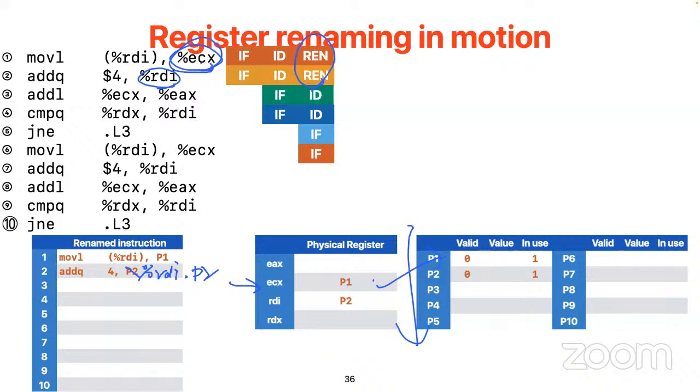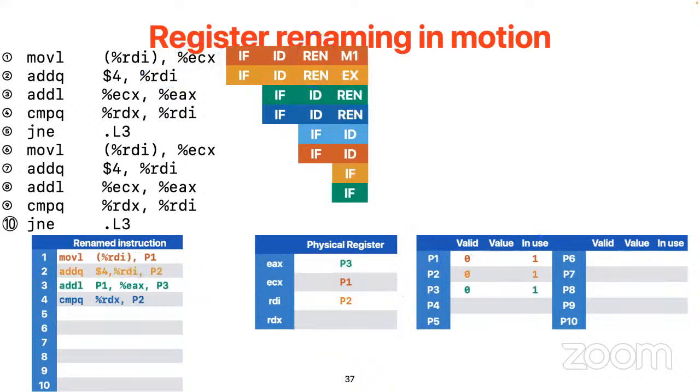P1 is in use and not valid because the value is not generated yet. So any instruction depending on P1 at this point cannot be executed. But P2 is the output for the second instruction, which is RDI, so we put it in P2. That's what register renaming basically has to do: rewrite the instruction's output to a different register.